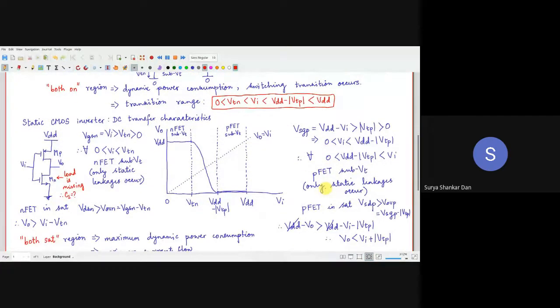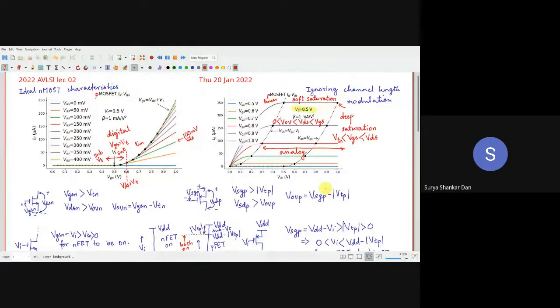Then, as I said at the very beginning of this class, as a circuit designer, as an IC designer, you are only thinking about these characteristics. This is your input, let us say.